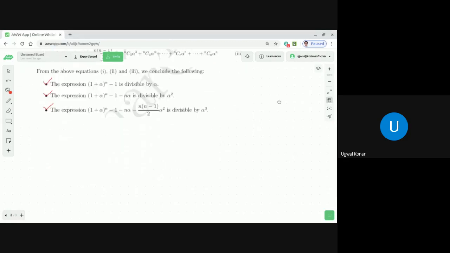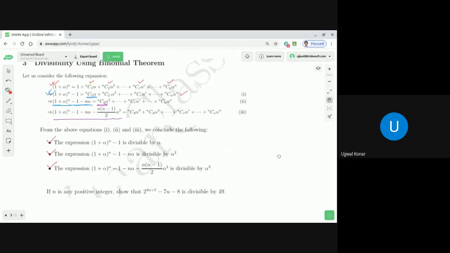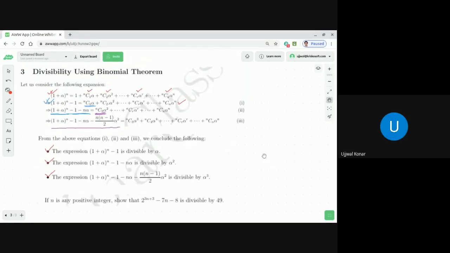Let me write it down here, and then we'll solve this problem together. We'll explore how the learning we did now is going to help us prove this very easily. Correct, dear students? Now all of you can be part of this discussion, please provide your comments.